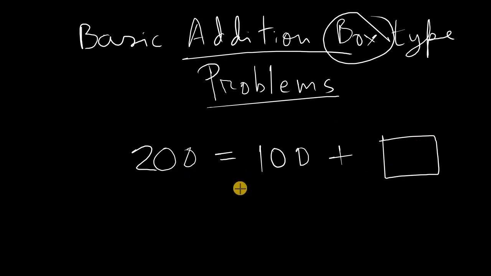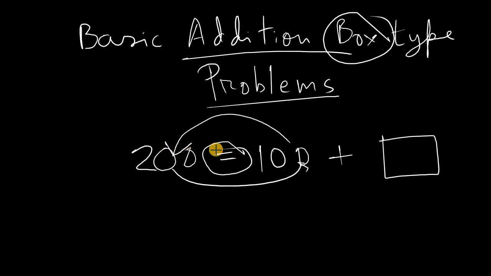Before we talk about how to solve this problem, let me first tell you a very basic idea regarding what happens when numbers go from one side to another side of this equal to sign in an equation. Okay, now let us talk about it.